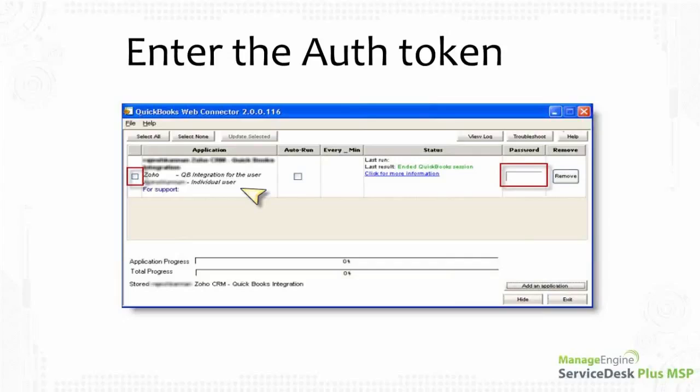Once you do that, at the top you will see the update selected option pop up. But before you go into this, I would request you to get the password which we generated while generating the QWC file and place it at the right-hand side under the password section. Once you place it and hit enter, it will add the application inside the tool.